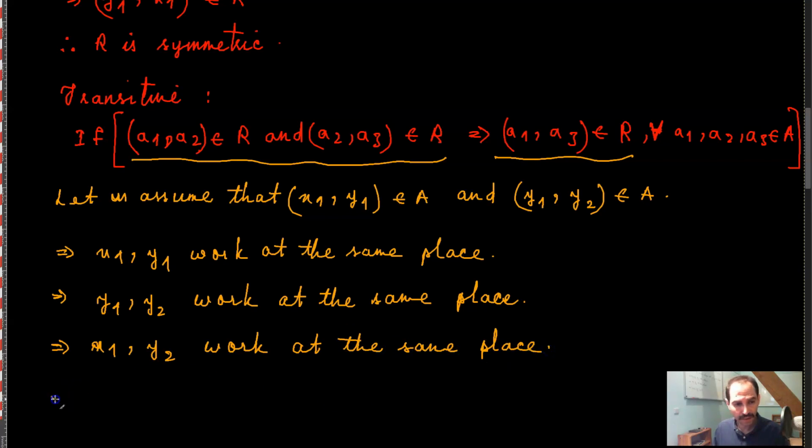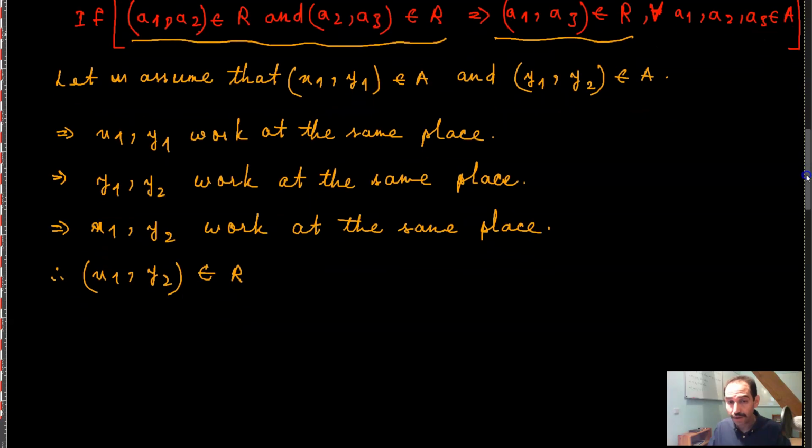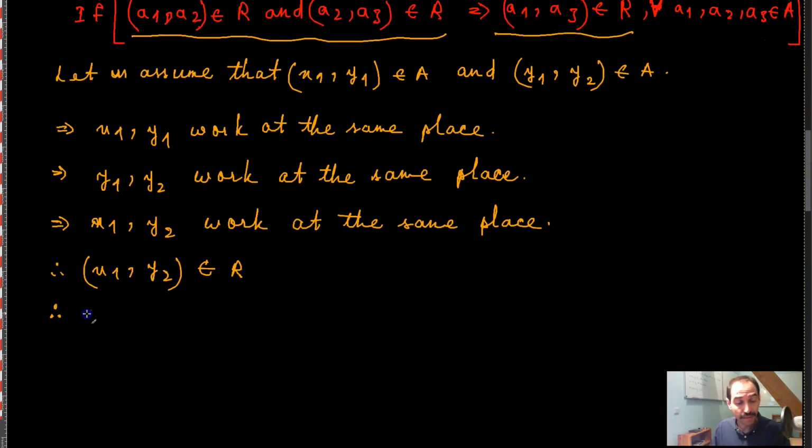And so that means that (x1, y2) does belong to R, which means that R is transitive.